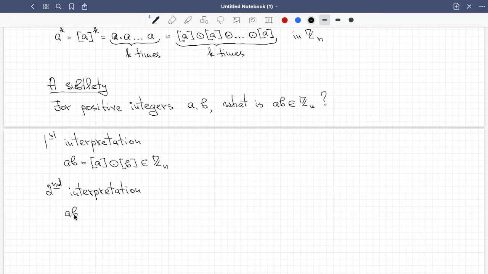In this way, we think that AB is the class of B plus the class of B, and so further, A times.